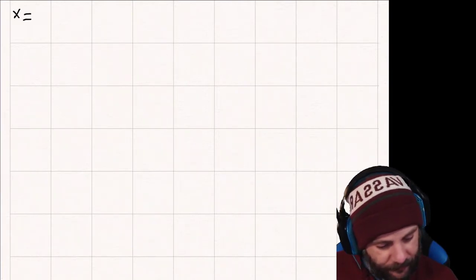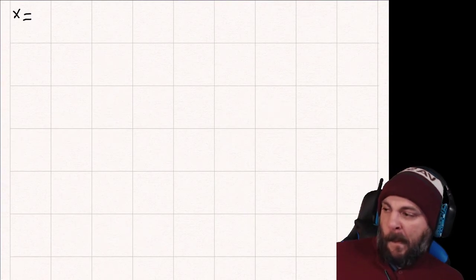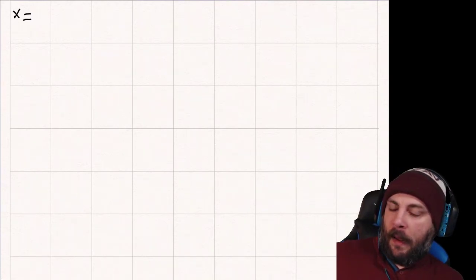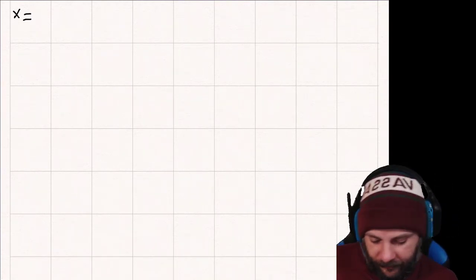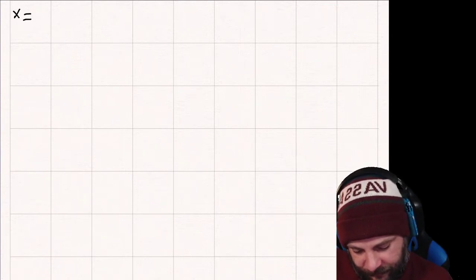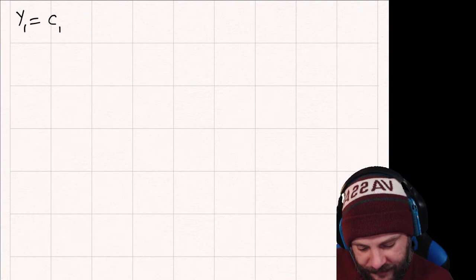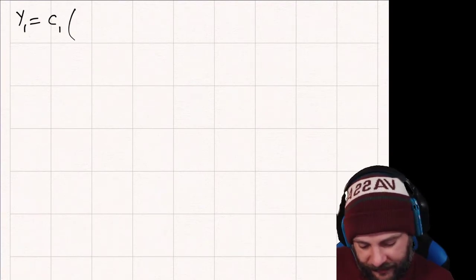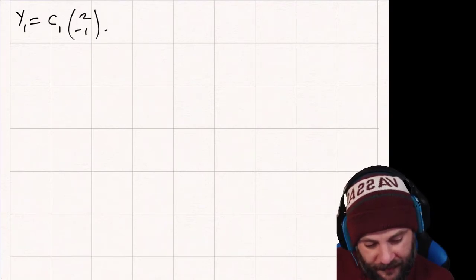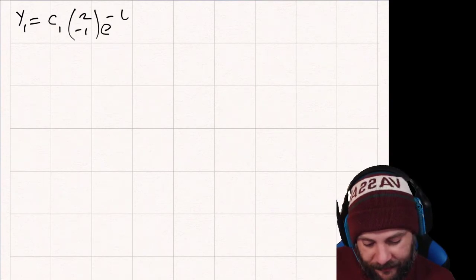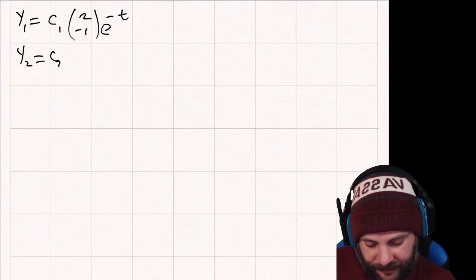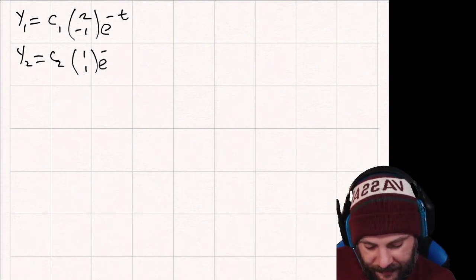I didn't mean to write x. I meant to write y. y is equivalent to c1, the first eigenvector, 2, -1, e to the -t. And my second solution here, my straight line solution, is c2 times the other eigenvector, 1, 1, e to the -4t.